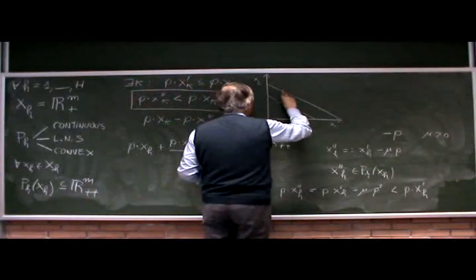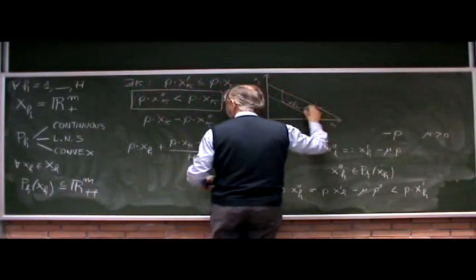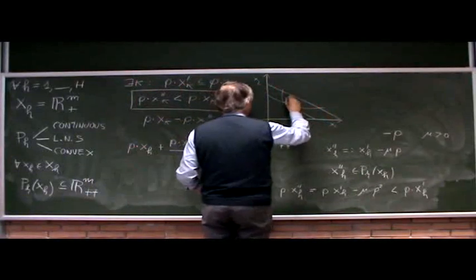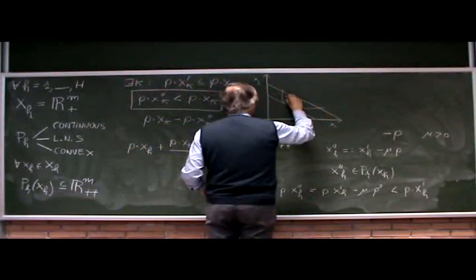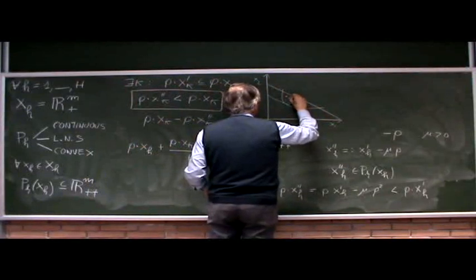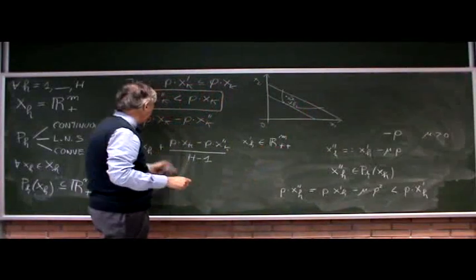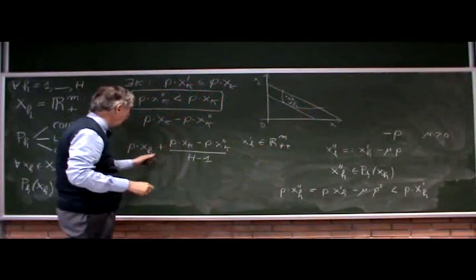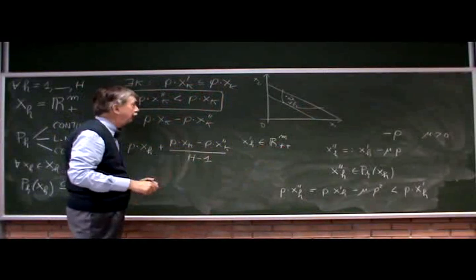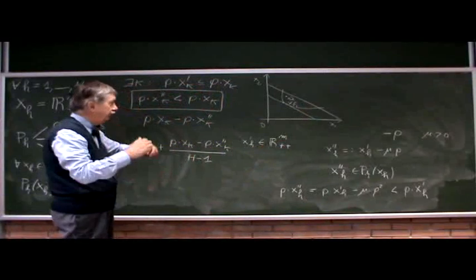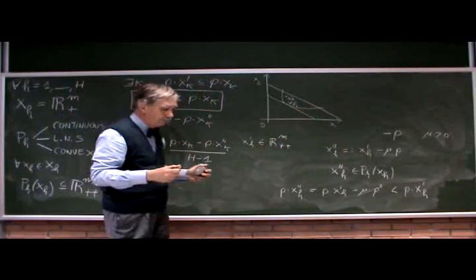But to this point, note by local non-saturation that here there is a bundle x double prime h, which is preferred to xh, and whose value is lesser than this sum, because it is in the enlarged budget constraint.